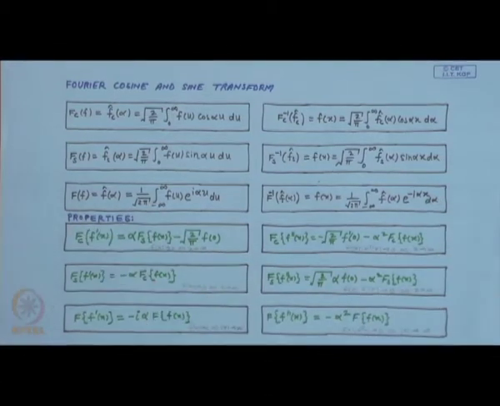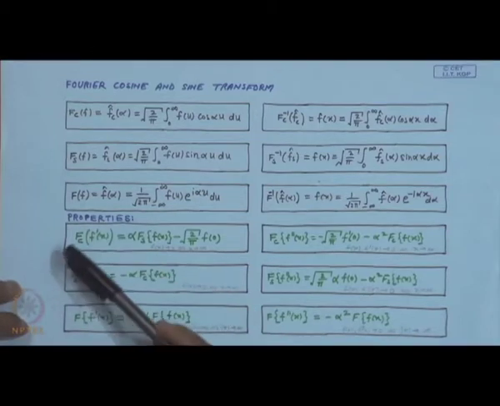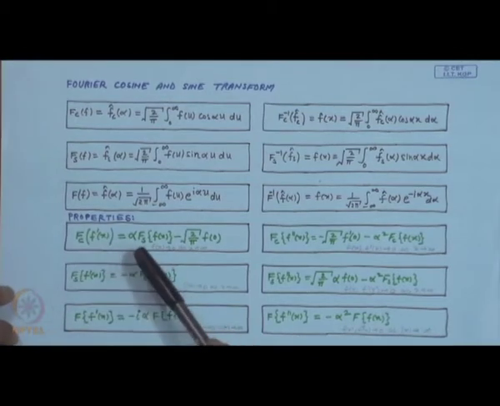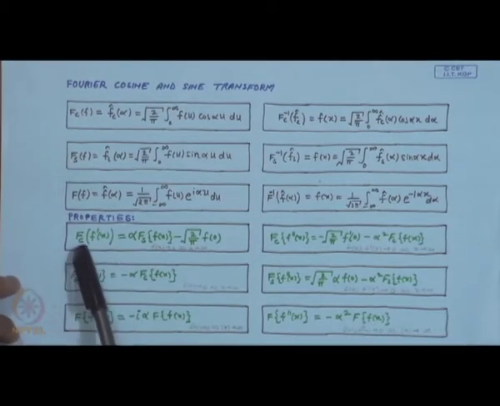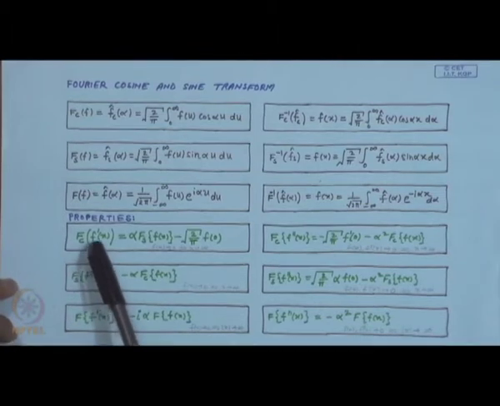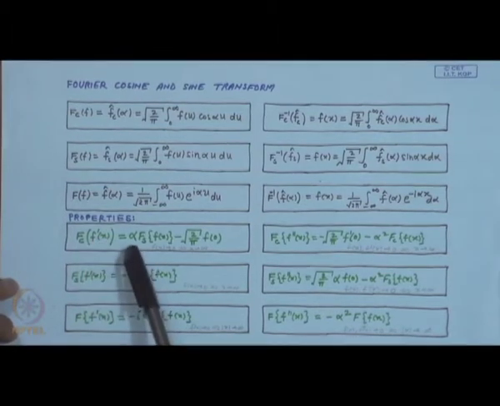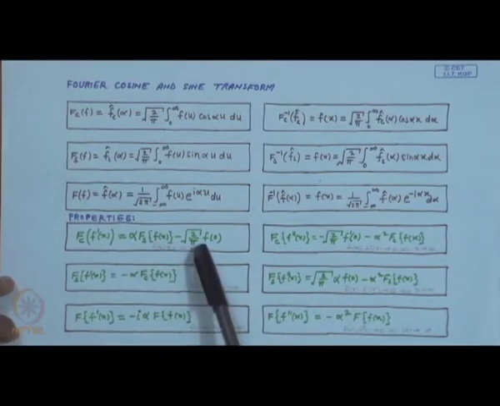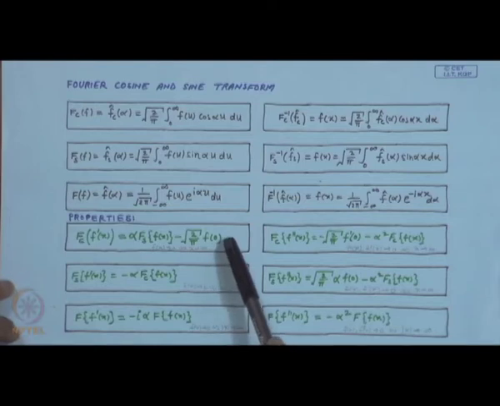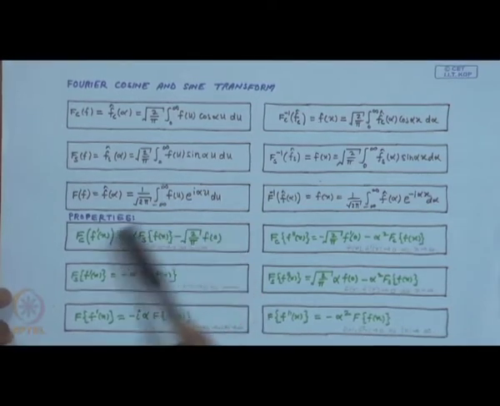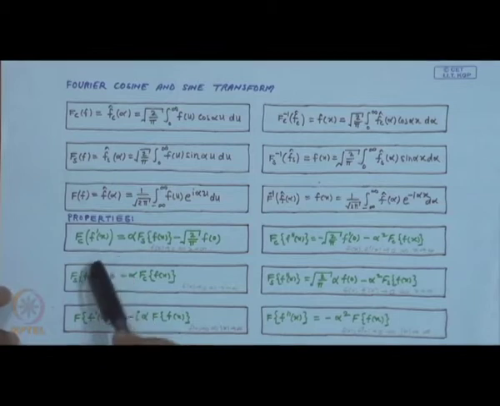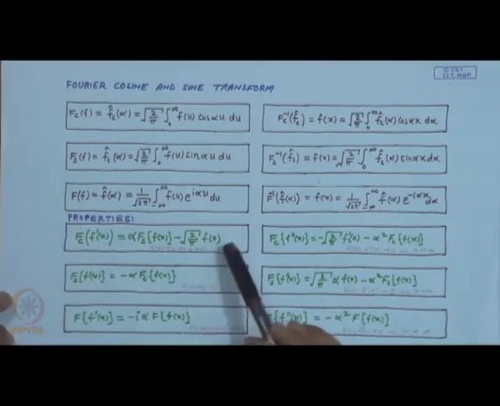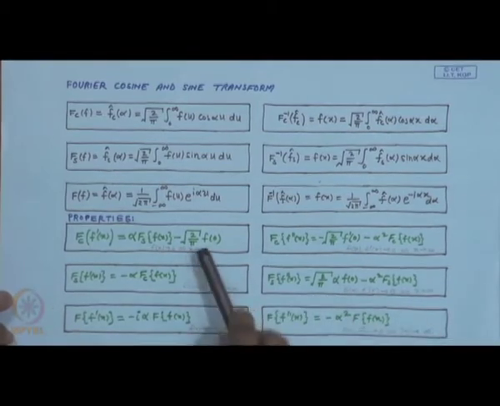So these are the main properties, mainly the derivative theorems for the Fourier transform and the Fourier cosine and sine transforms. First, for the Fourier cosine transform, for the first derivative it will be alpha times the Fourier sine transform of f minus square root of 2 over pi f(0), under the condition that f(x) approaches 0 as x approaches infinity.